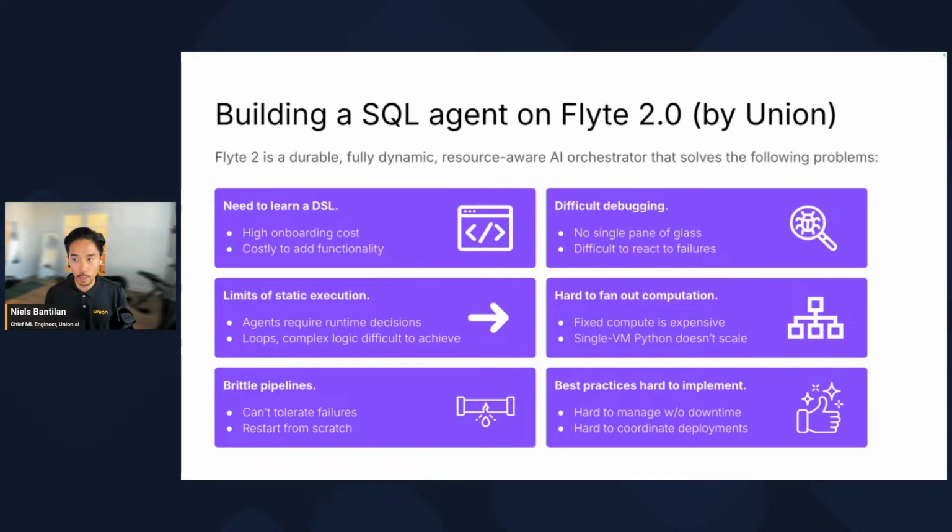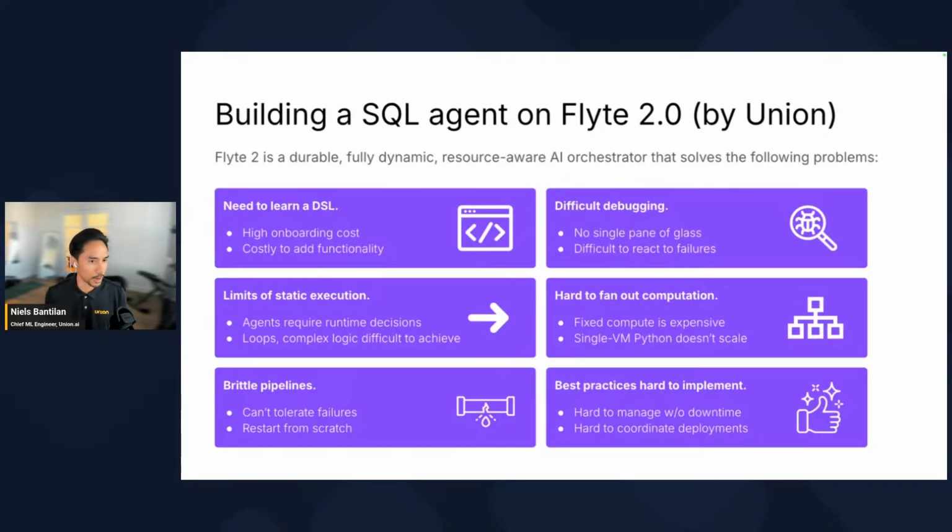And it solves a couple of problems that we've seen, right? So one problem is the need to learn a DSL for kind of workflow DAG orchestration. We've gotten rid of this. This is pure Python. There are limits to static execution, right? And the limits are really apparent when you're trying to build agents.